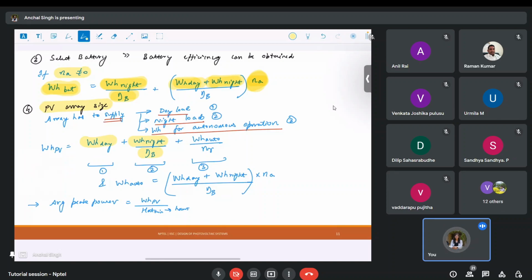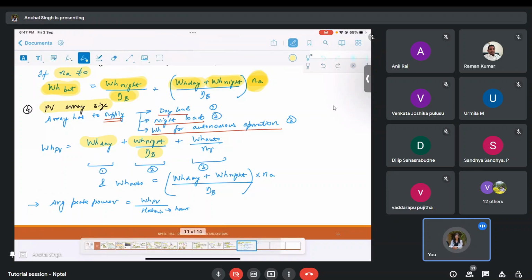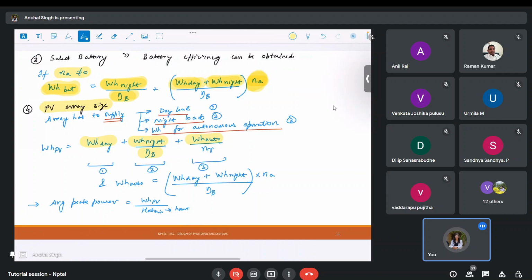Again, we are putting efficiency of battery here because energy is stored in my battery and then it is retrieved back. Therefore, watt hours will be reduced because of the losses that are happening. And third will be watt hours during the autonomous days divided by NR. So why do we do this? All the watt hours that I am calculating are for just one day, right?